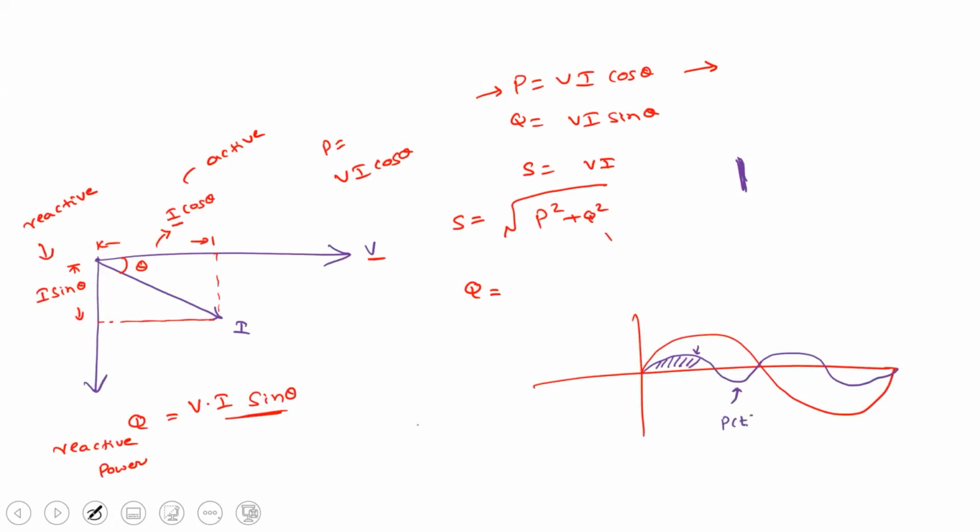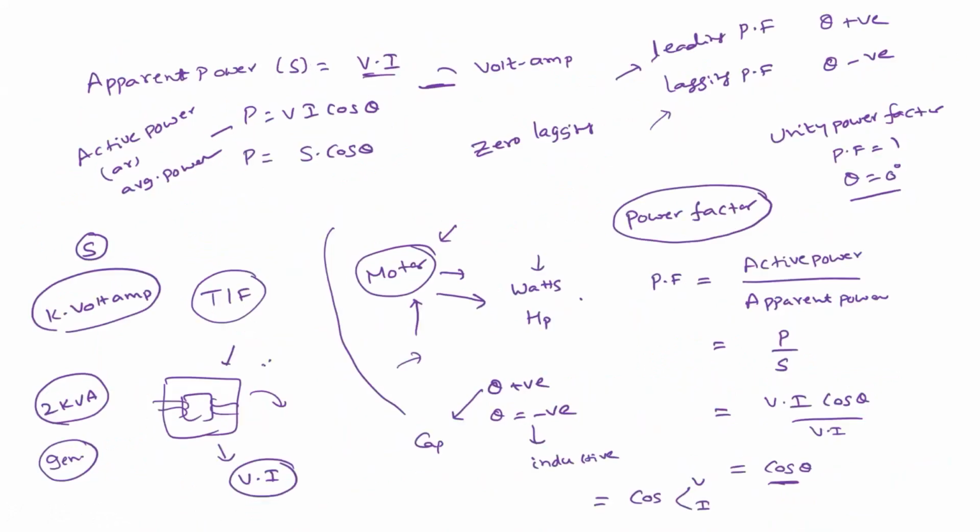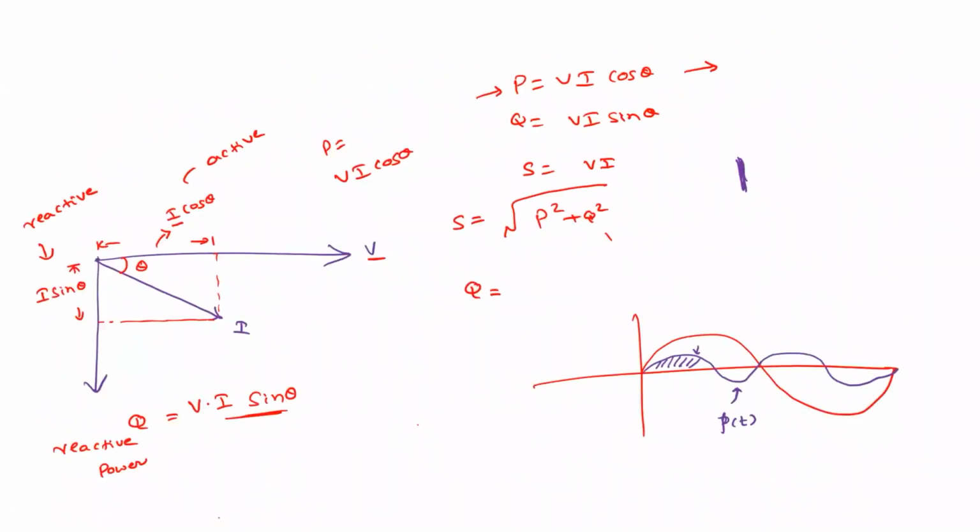P of t. Agree? Yes, sir. Okay, somewhere you have derived, right? 1/2 Vm Im cos(2 omega t minus theta). That is the instantaneous power in the reactive element. So this is how we will represent it, right?